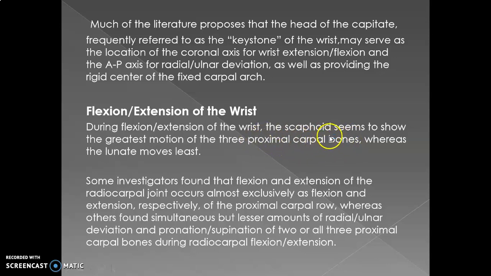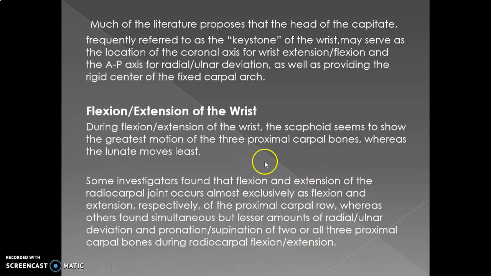I already told you they are considering the pisiform as a separate unit along with the FCU, that is flexor carpi ulnaris. So they don't consider its biomechanics. Anatomically we have 4 carpal bones in the proximal row, but biomechanically we are talking about 3.